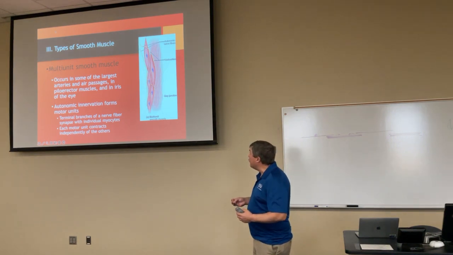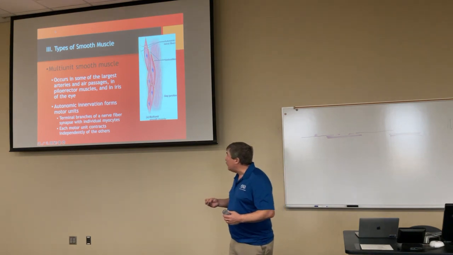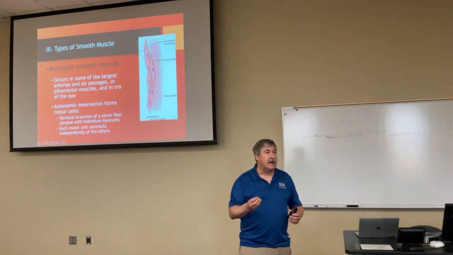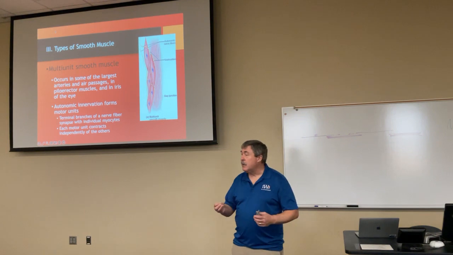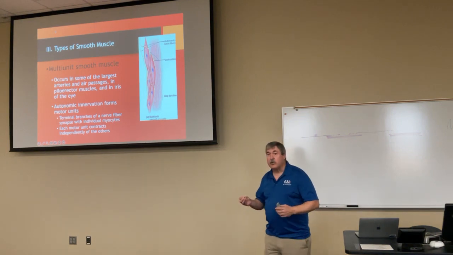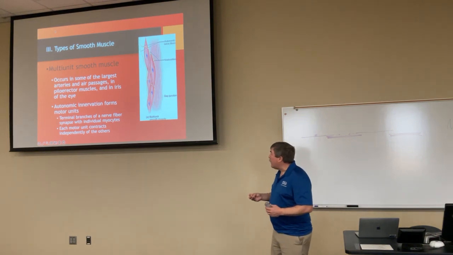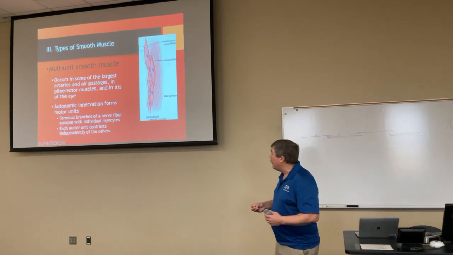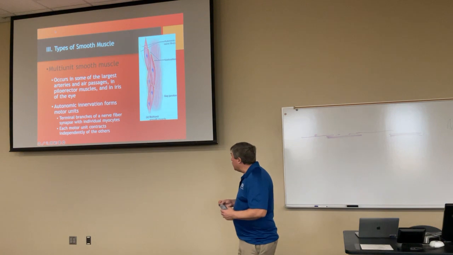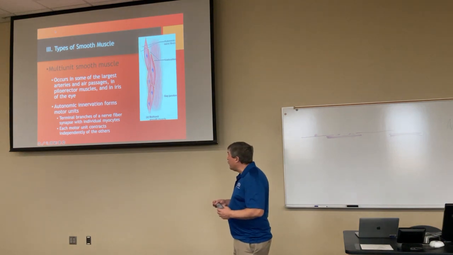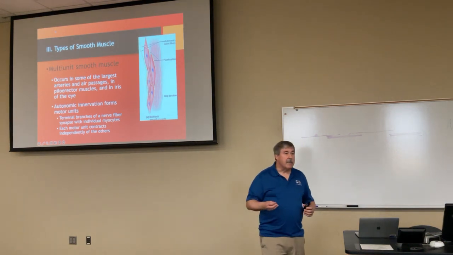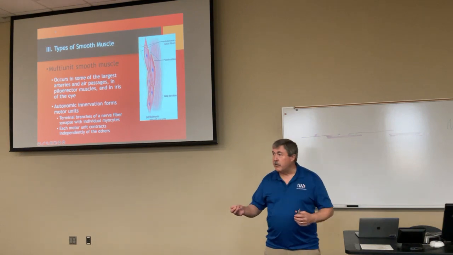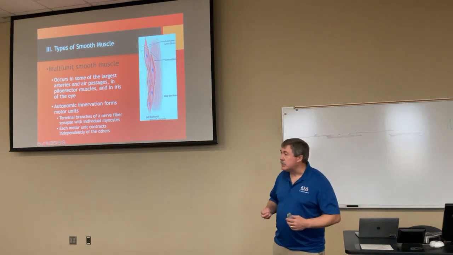And so these are found in places like the iris of the eye, piloerector muscles, and just a few of the very largest blood vessels. And these are usually stimulated by a motor neuron that's part of the autonomic nervous system.